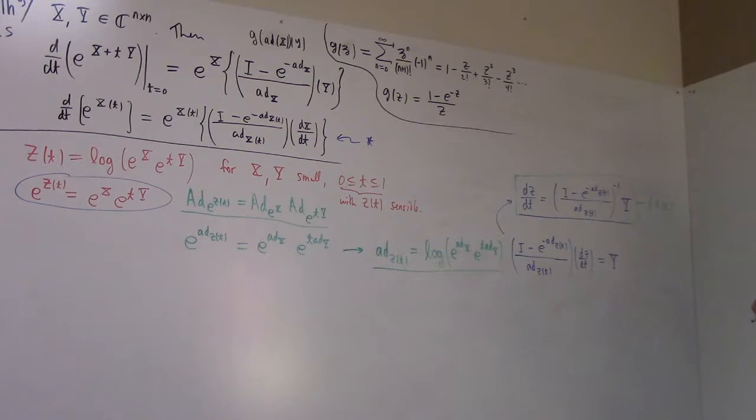E to the minus add z of t turns into, cancel with the log, right? Well, the minus matters though, right? So we get 1 over. I need to change color again, so I'll go back to black.